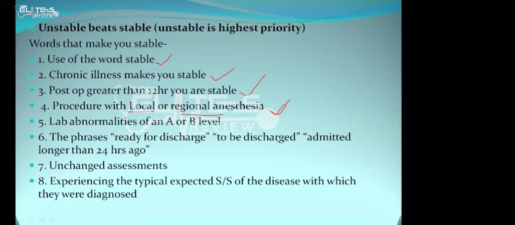Let's say in a questionnaire they give you, maybe let me use potassium as an example, a potassium level of, let's say, 3.4 compared to a potassium level of 2.5. Which one do you think will take priority? Two point five.